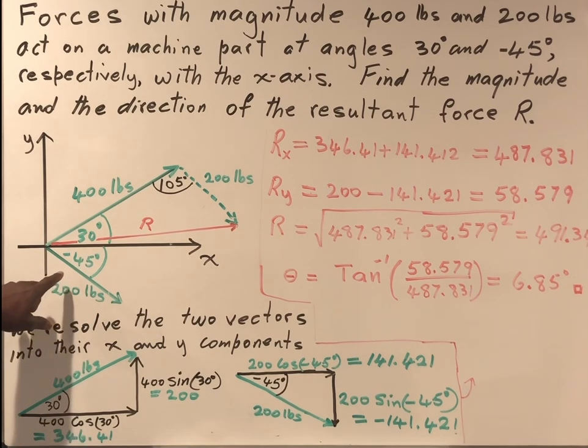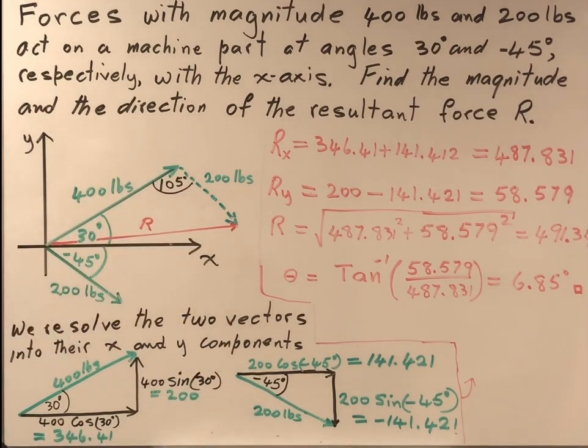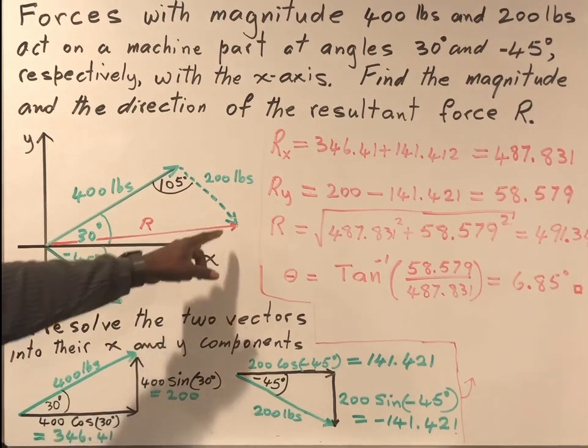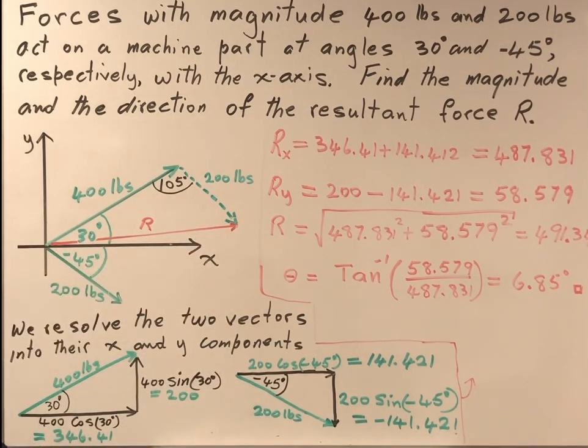And if we translate the 200 pound vector to that position, then our resultant force is going to be indicated here with R.